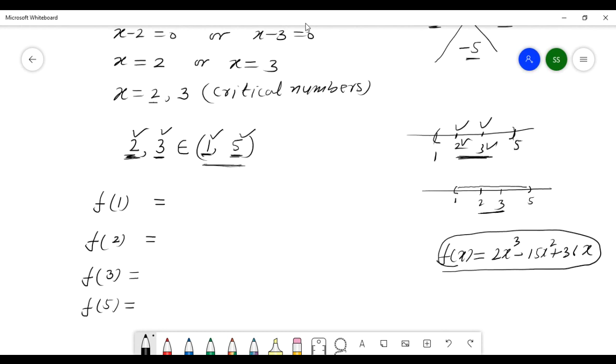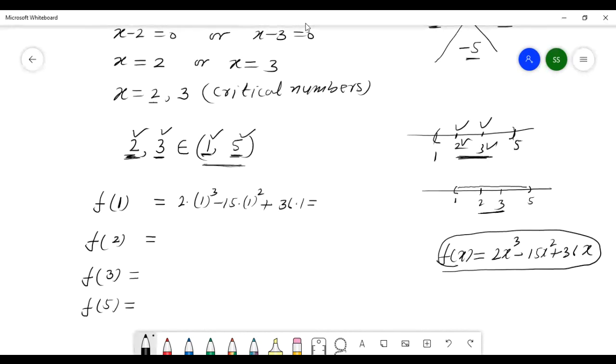Now you have to find f of 1, that is x is 1 here. So 2 times 1 to the power 3, minus 15 times 1 to the power 2, plus 36 times 1.